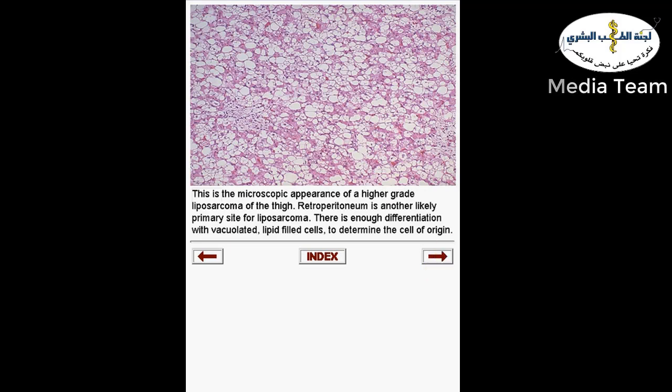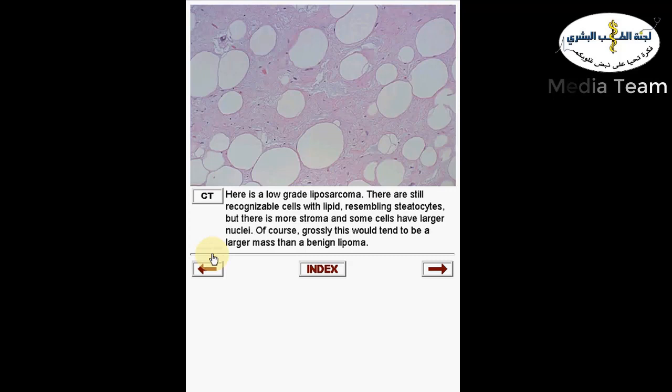This is another liposarcoma. Here it's more cellular and more poorly differentiated. You can easily appreciate the nuclei in each lipoblast. If you remember the lipoma, we could hardly see the nuclei. Let me go back to the lipoma.